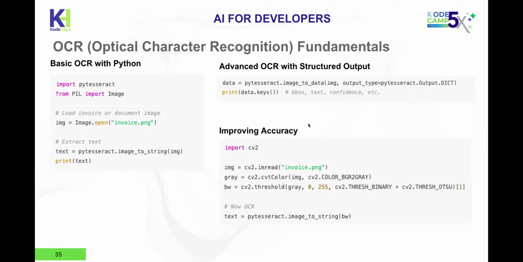Then if you want to improve accuracy, you can use the CV library to do a bit of pre-processing. So some of the pre-processing, like this first one, is you are converting color to gray because a lot of these libraries are better able to do recognition on grayscale or black and white, right? Well, black and white is not really that good because with black and white, you lose some kind of information.